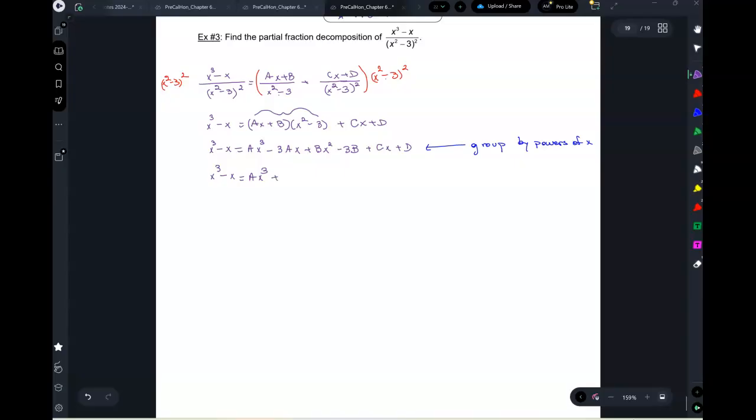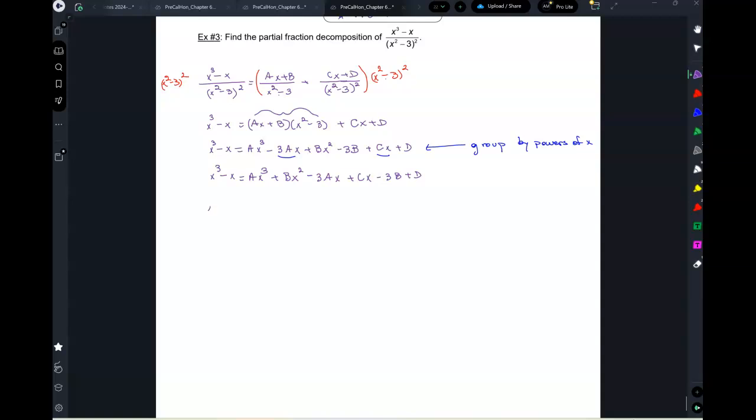Yeah, bx squared, right? Let's just sort it. Do I have any x to the ones? Yeah, this one and this one. So minus 3ax plus cx. And then do I have any constants? Yes, negative 3b plus d.